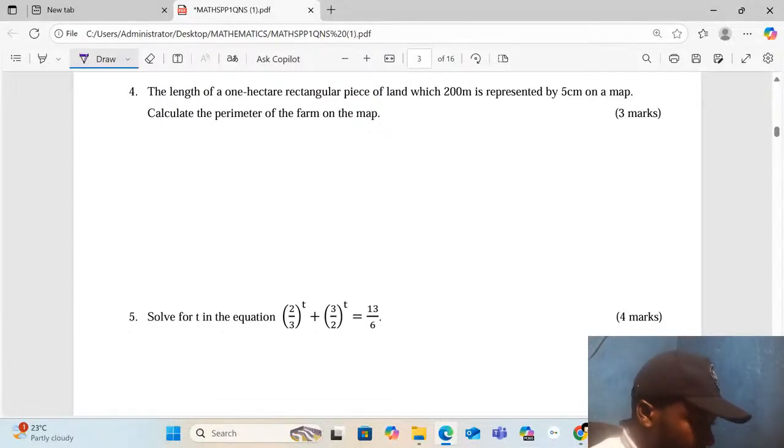So first of all, we can find the width, and then calculate the perimeter of the farm. We have the length, so we look for the width.